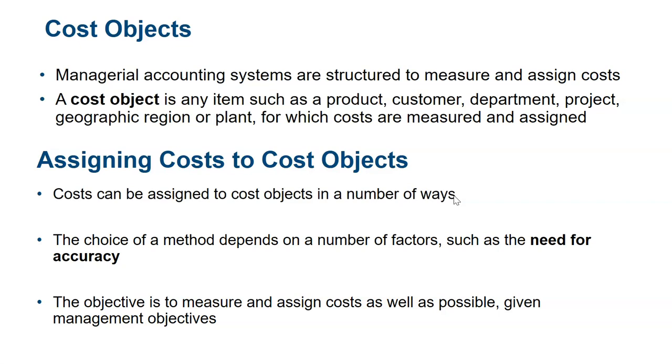Certain things like labor that we're going to use to manufacture a product, or materials that are going to go into a product, these things are easy. There's no judgment in those situations. But we need to understand that not all costs are going to fit nice and neatly without some analysis.